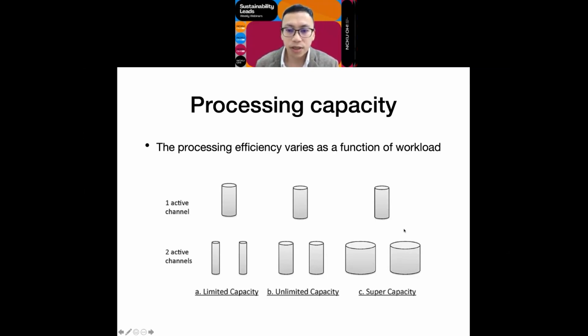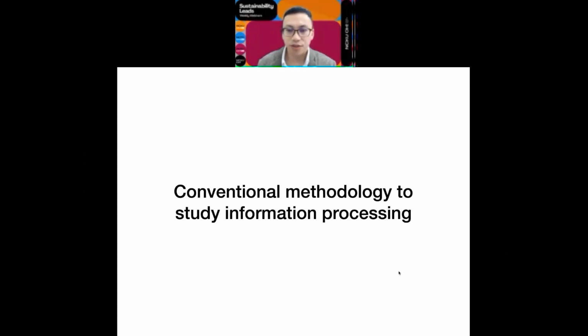For the final case, the supercapacity case, you have capacity K for one active channel, and when you add one more channel, you have superiority in processing each of the channels, which means you have supercapacity in processing information. We can combine these three important properties to infer the information processing during decision making.